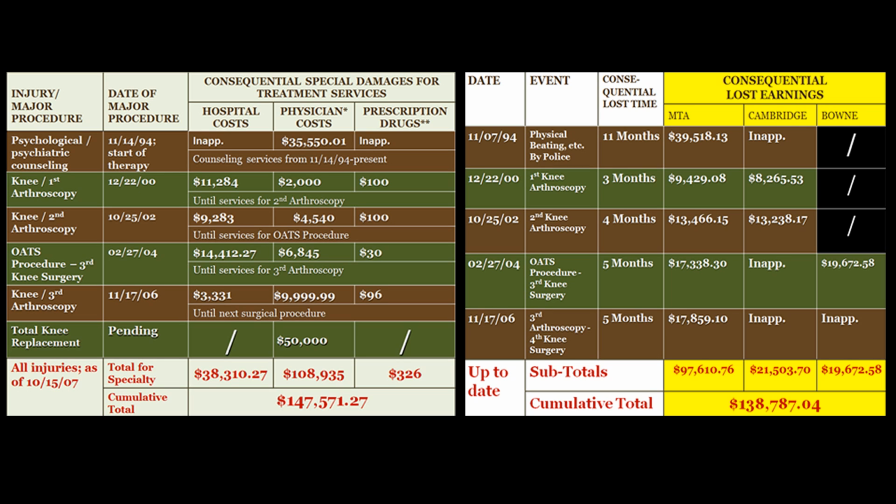You'll notice that the first procedure here occurred on 12/22/2000, and the period of lost time and lost earnings resulting from that procedure also started on 12/22/00. Same thing for each procedure in the cost of treatment chart and each period of lost earnings.